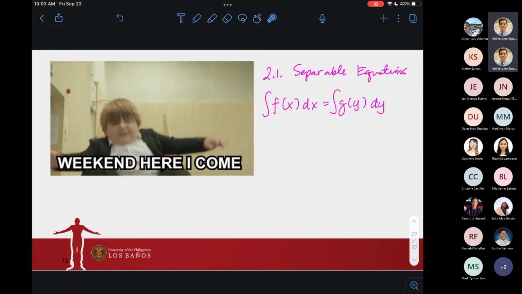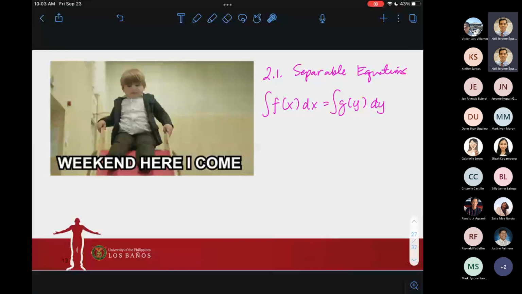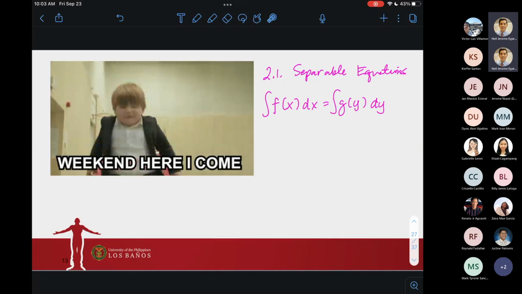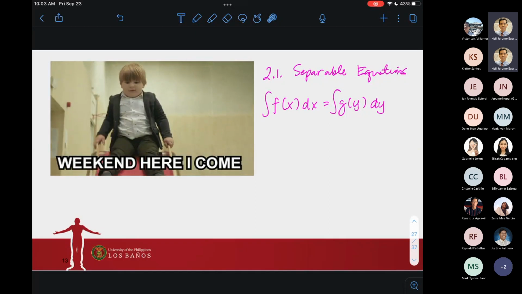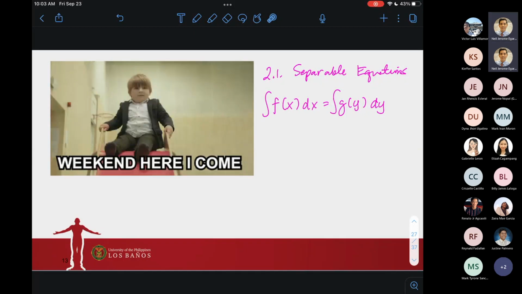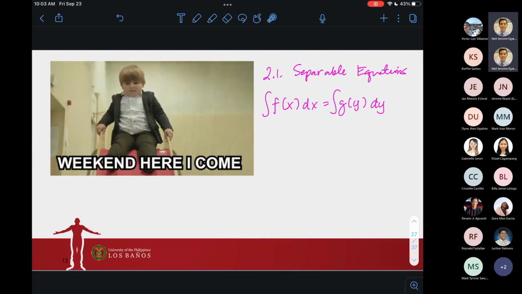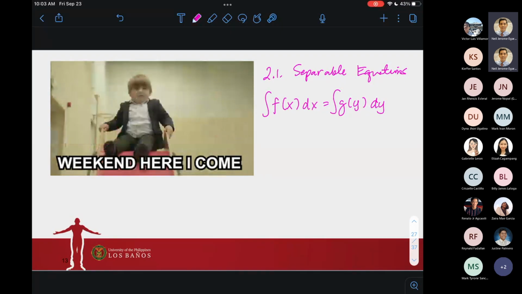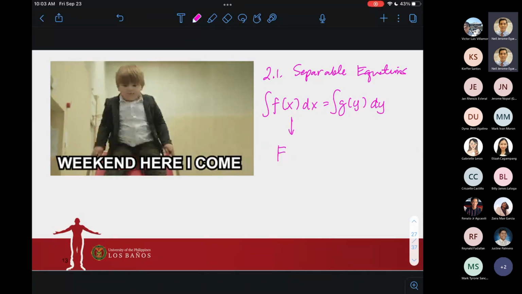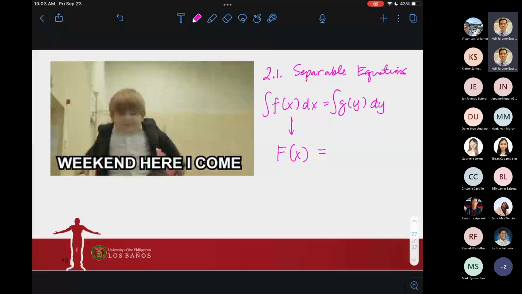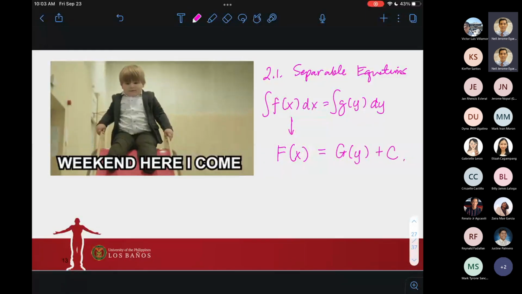So you need to review basic integration formulas as well as the integration techniques na natutunan nyo from Math 36 and 37. And then just don't forget, once you integrate, at least introduce one arbitrary constant, right? Pag in-integrate nyo ito, halimbawa, kakaroon ka ng capital F of x, which is the antiderivative of f, right? Equals, integrate g, so you get capital G of y. Don't forget the arbitrary constant, okay?